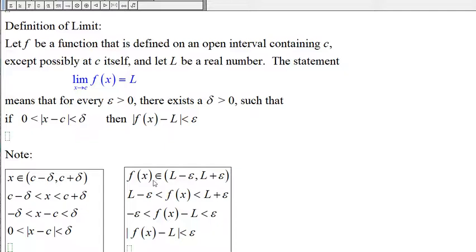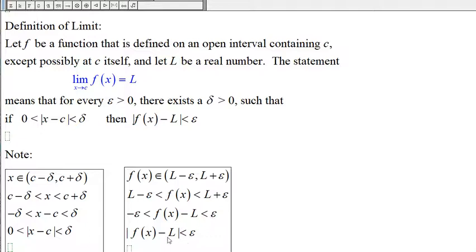And similarly, this says that f of x is between L minus epsilon and L plus epsilon. Subtract L, then we get negative epsilon, f of x minus L, and then epsilon. So this says that f of x minus L is between negative epsilon and epsilon.